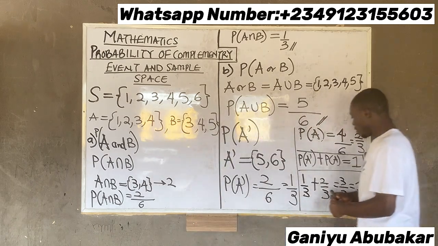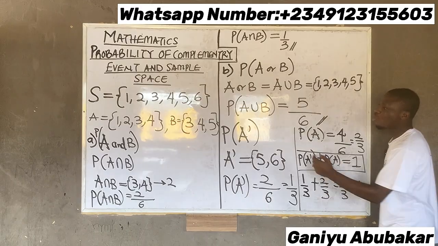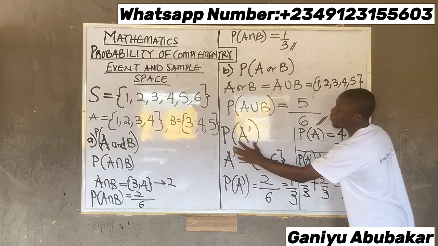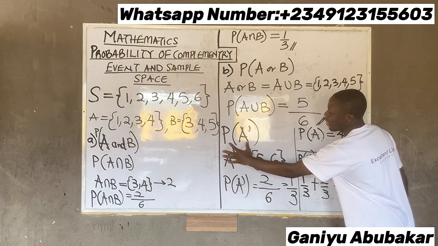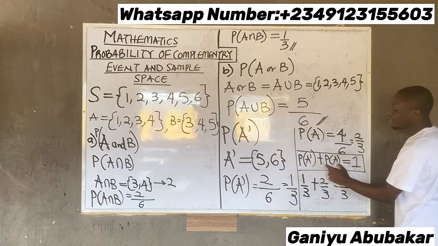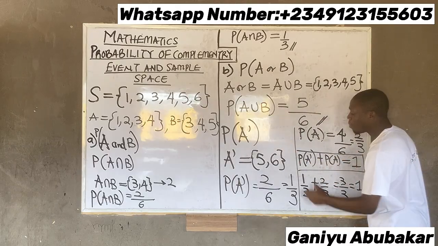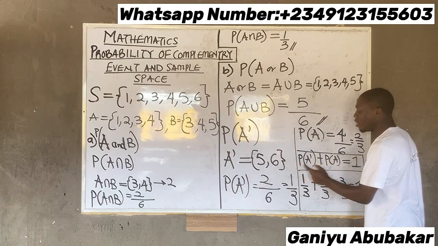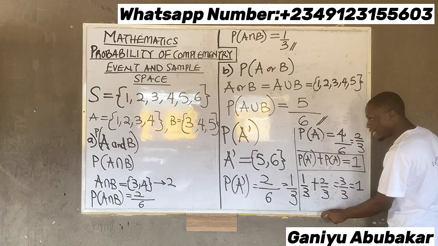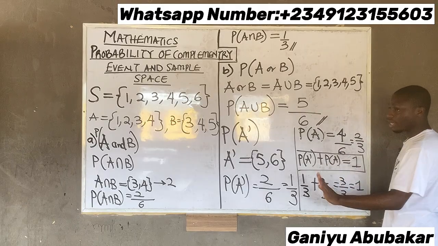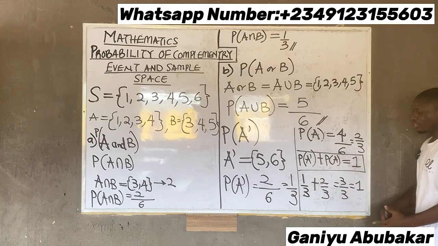You can see that the sum of the probability of the complement of A plus the probability of that same event A is equal to 1. As you can see, I have proven it.